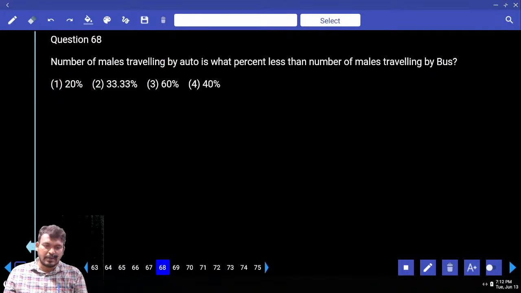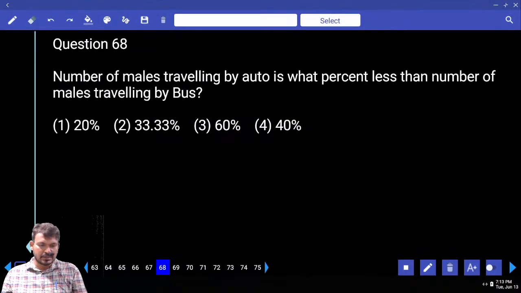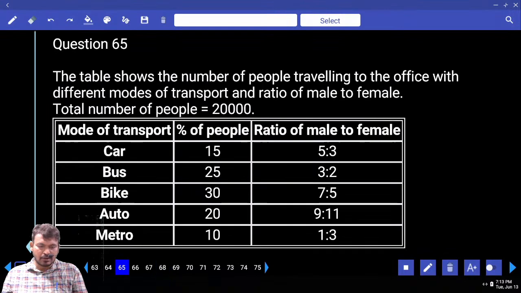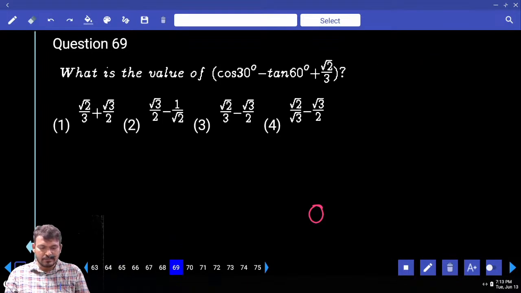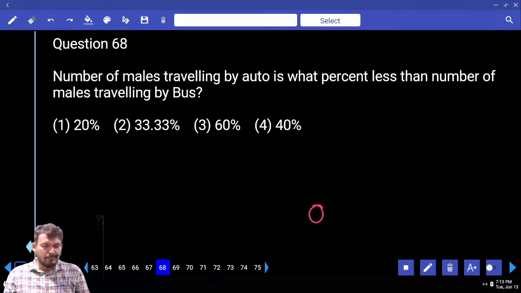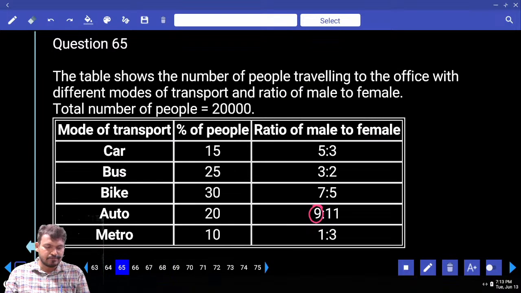Next question, number 68. The number of males traveling by auto is what percent less than the number of males traveling by bus? What are the males in auto? 9 parts means 9%. And compared to which one? Males traveling by bus.